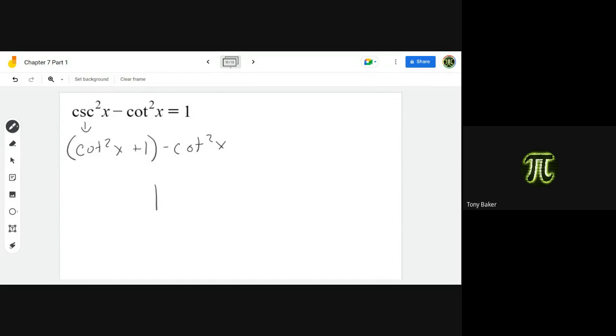Actually, oh yeah, you actually might be able to do that in 1 step. Because that's true, the rule's that.